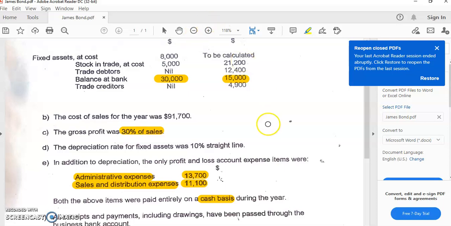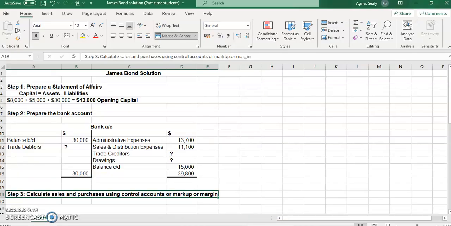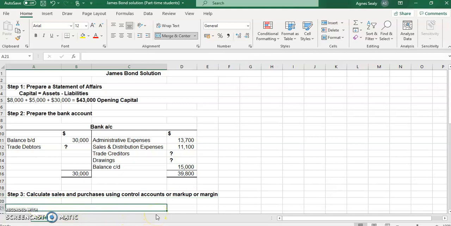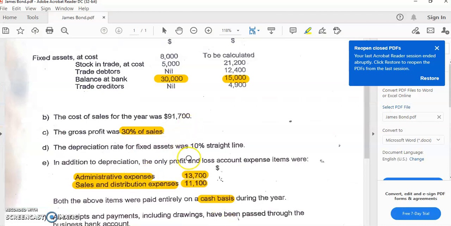So let's make some quick notes here. What we know is that margin is 30% of sales.